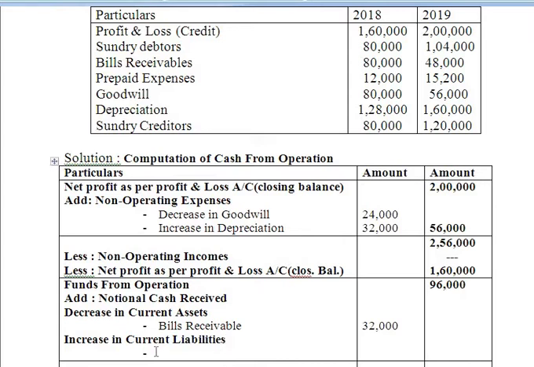Next one, increase in current liabilities. Now check in the problem which current liabilities we have. Only one, sundry creditors, and there is an increase in sundry creditors.